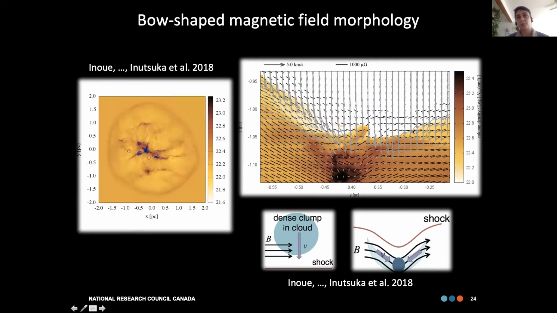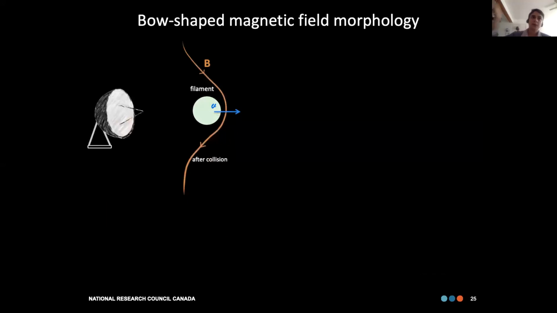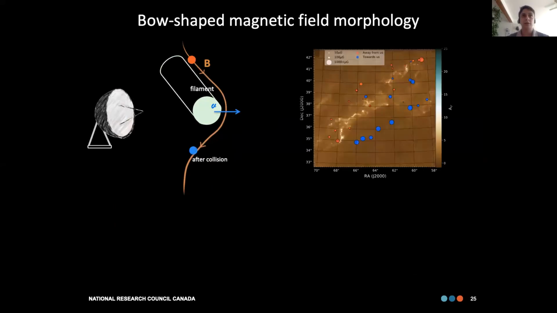As a result, it bends the magnetic field in that environment, and the magnetic fields are also bent and wrapped around the filament that is formed, as you can see in the cartoon in their paper. If this bending is oriented from the Earth's point of view like what I'm showing here, we would be able to observe a reversal across this filamentary structure. Here we would see magnetic field pointing away from us, and then magnetic field pointing toward us, as we see in the California region.